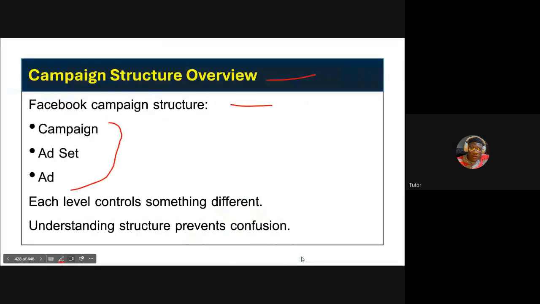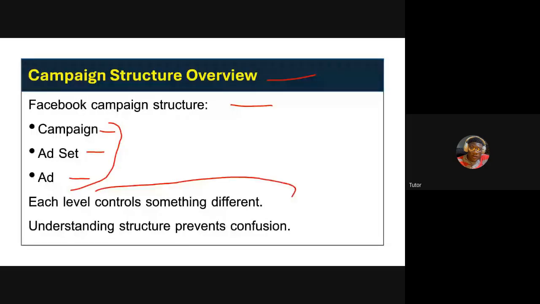It says that Facebook campaign structure has this: the campaign, the ad set, and lastly, ads. Now, each level controls something different. Each of these, the campaign, the ad set, the ad, controls something different. Understanding structure prevents confusion.